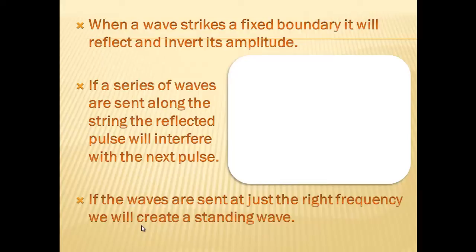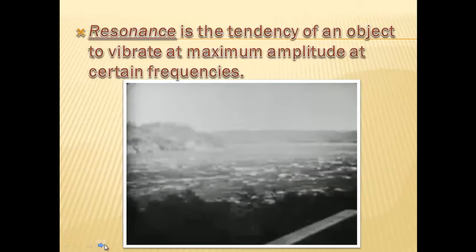So when you go through different examples where two wavefronts are coming at each other with opposite amplitudes, you've got to consider that they may destruct or they may invert if they're hitting a wall. And of course, if the waves are set at just the right frequency, it's going to create a standing wave. Again, I'm sure everybody here has dealt with the spring Slinky lab before, so they've definitely experienced what it means to create a standing wave.